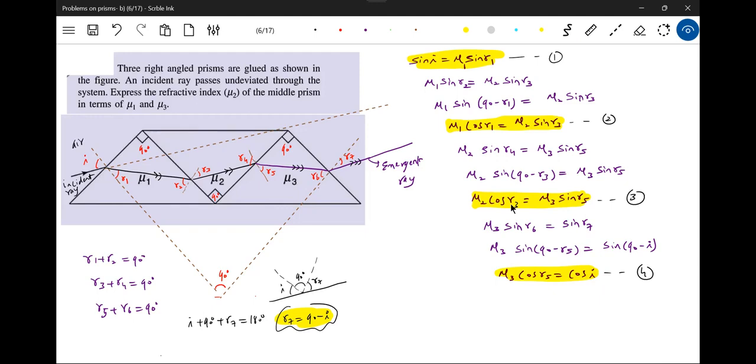I think squaring and adding 1 and 3, subtracting with this one. So here I'll do like this: 1 square plus 3 square minus 2 square plus 4 square.